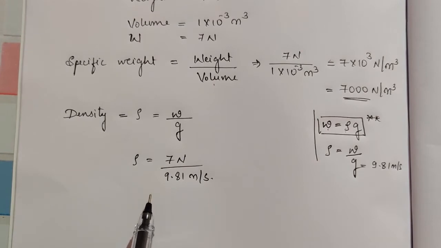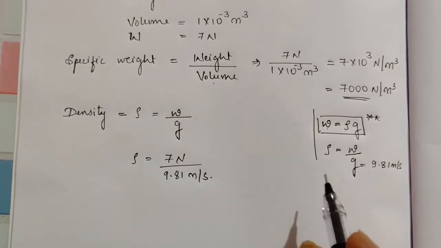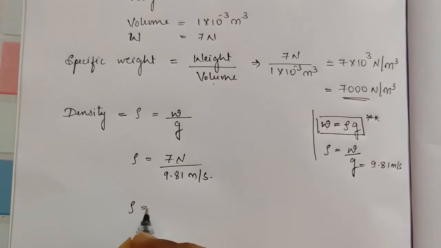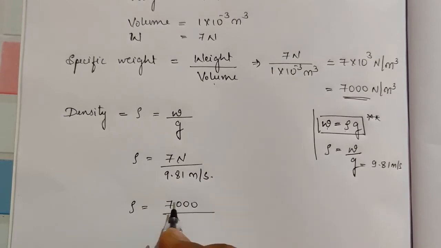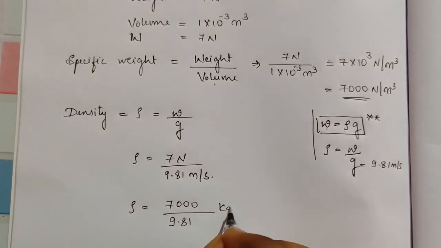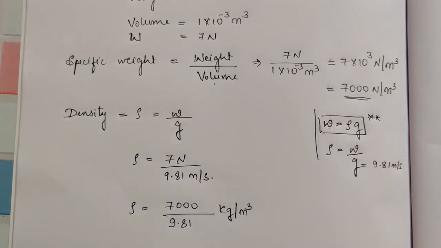But our density's unit is kg per meter cube, so I'll convert this 7 Newton into kg. Density is 7,000 divided by 9.81 kg per meter cube.